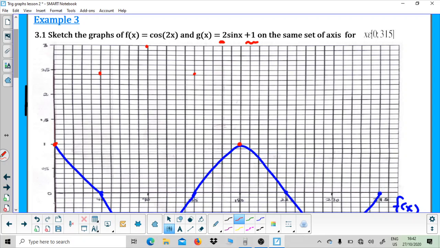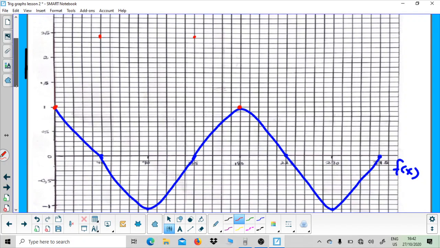Then 225, we're on negative 0.41. Negative 0.4, so it's 1, 2, 3, 4, somewhere here. Let's put it somewhere there. All right, and then on 270, we are exactly on negative 1, which is just right there.